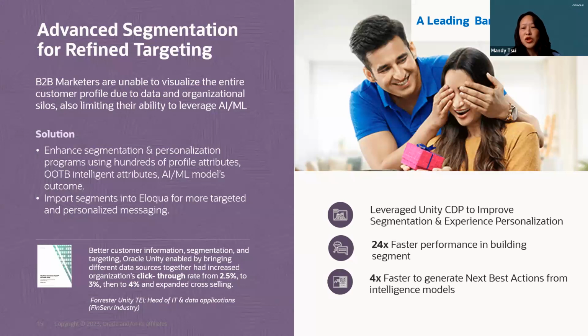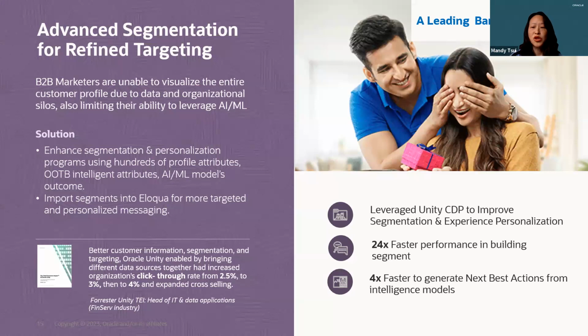They chose to leverage Unity and Eloqua to help them solve these problems. They were able to bring in their customer data across the organization and unify that into a master view, so that they could actually create segments off of the complete set of customer attributes that they had. So they were able to create those segments.